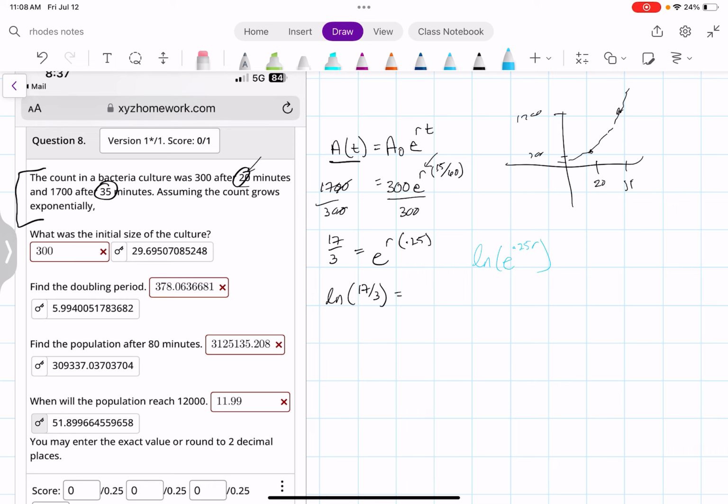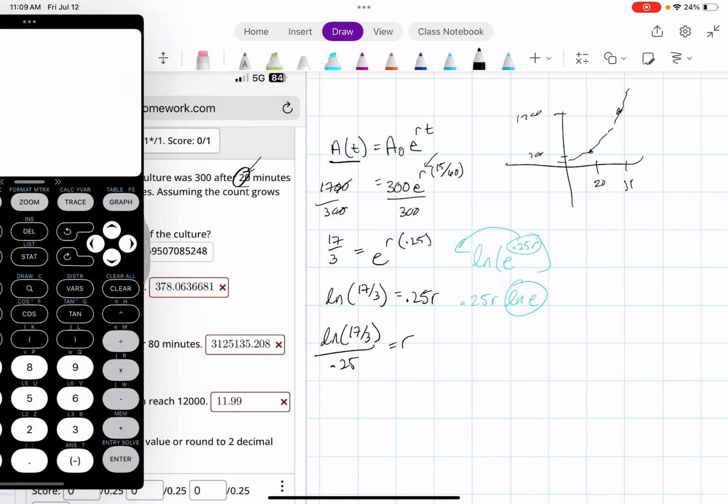When we look at our logarithmic rules, we can take that out front: 0.25 r ln e. Well, ln e is just 1, so you get 0.25 r. So now if I divide ln of 17/3 by 0.25, that equals r.